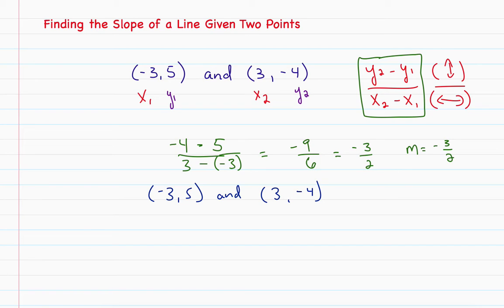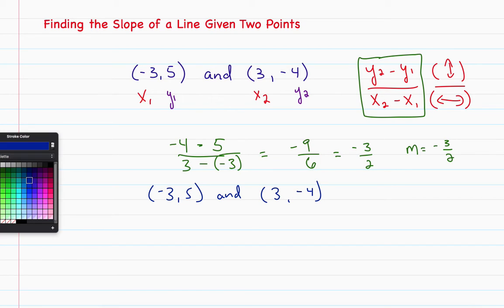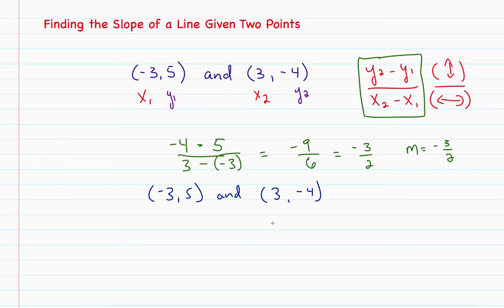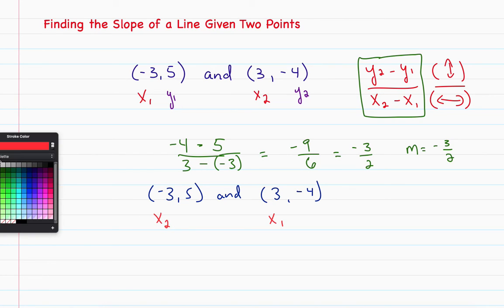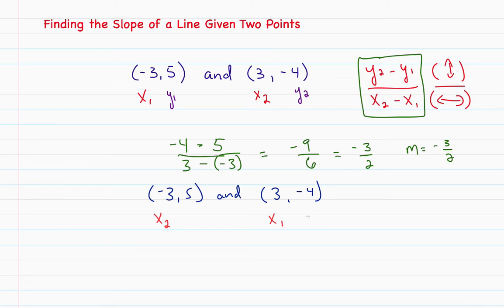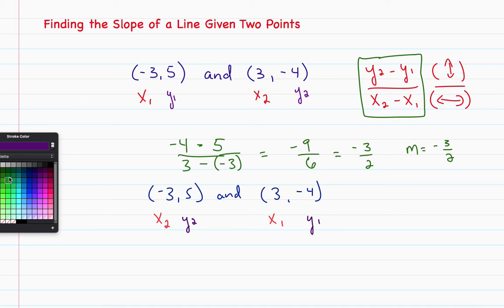Let's just say we reversed it, and let's say this right here was x1 and this was x2, and this was y1 and this was y2. Let's see what happens when we follow the same formula.